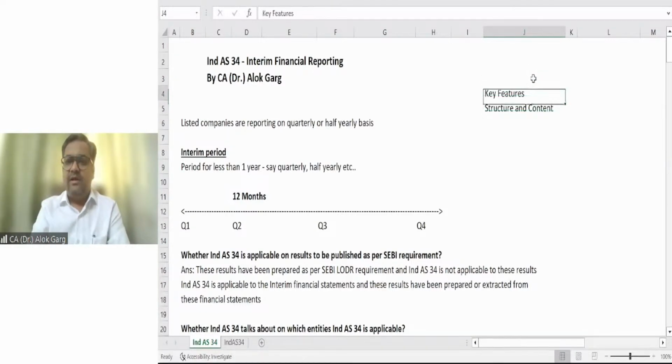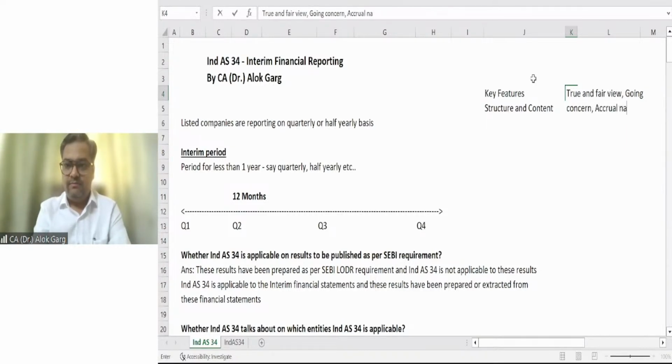As far as key features are concerned, what could they be? True and fair view, and an explicit and unreserved statement of compliance. Going concern: the financial statement has to be prepared on a going concern basis. It has to be prepared on an accrual basis.